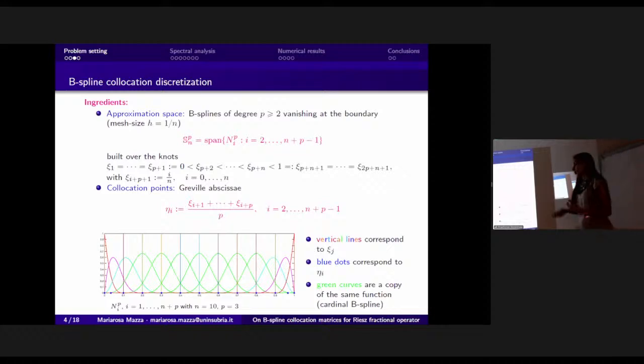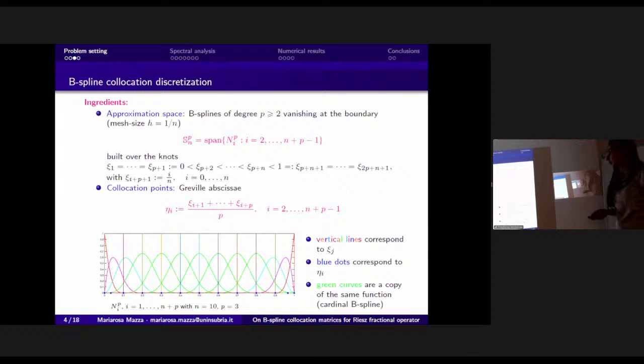Well, let's have a look at how these two objects look like for a specific choice. In this case, n equal to 10 and p equal to 3. In this picture here, I'm representing by vertical colored lines the node sequence, and by the blue dots the Greville abscissae. First, we can observe that in the internal part of the interval, these two sets coincide.